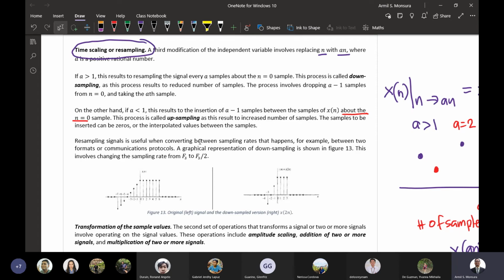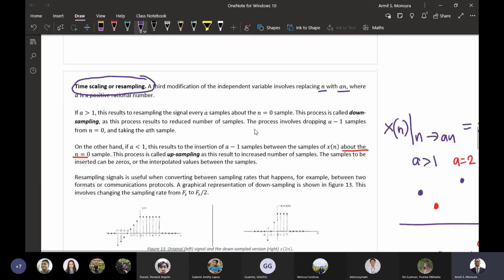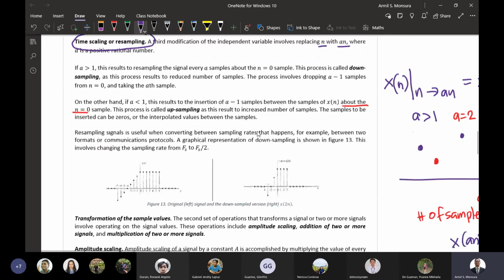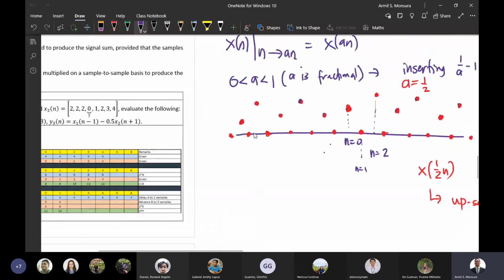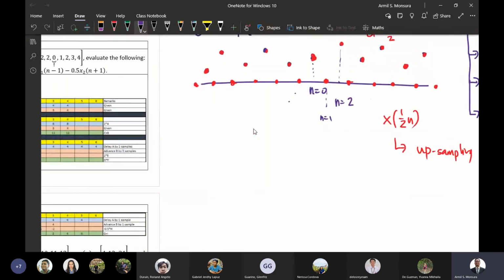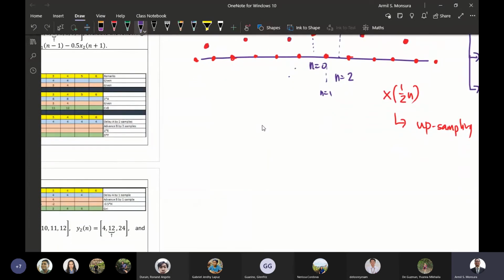This part is more of on your activity. Pero on our lecture, hindi ko pala masyado binigyan ng pansin. Nabanggit ko lang pero hindi ko nabigyan ng example. Pero ganito, para mas ma-appreciate niyo yung operation ng upsampling tsaka downsampling.